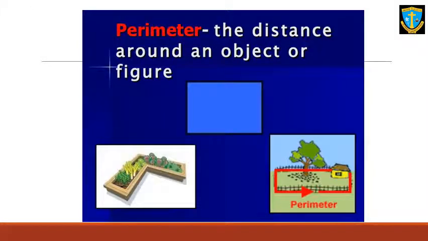Let's recall about perimeter. Perimeter means the distance around an object or a figure. Like in the garden, the boundary around the plants will be the perimeter, or even the boundary around the house or the fence will be the perimeter. This black line around this figure will be the perimeter.